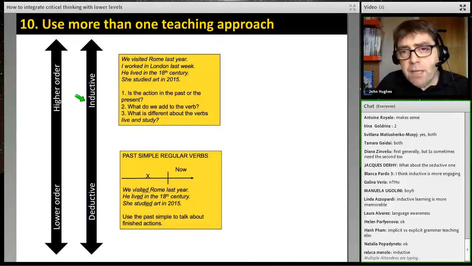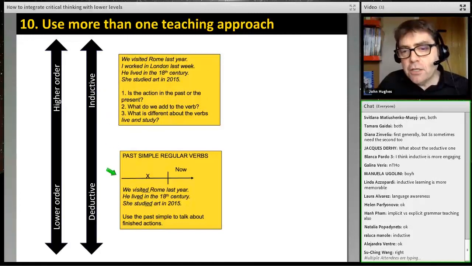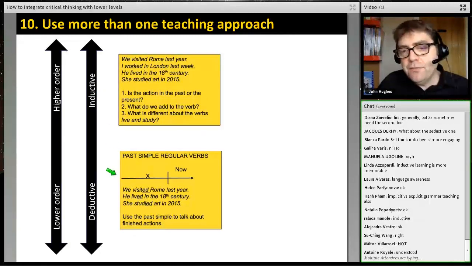So for me, actually, as lots of you said, the important thing is to use both techniques. For example, often I might give the top one to students first, and then I'd say, now look at the bottom one and check your answers, because the bottom one's giving you the answer.